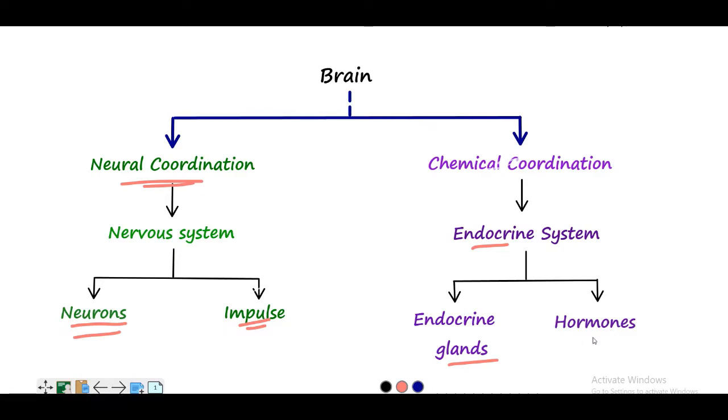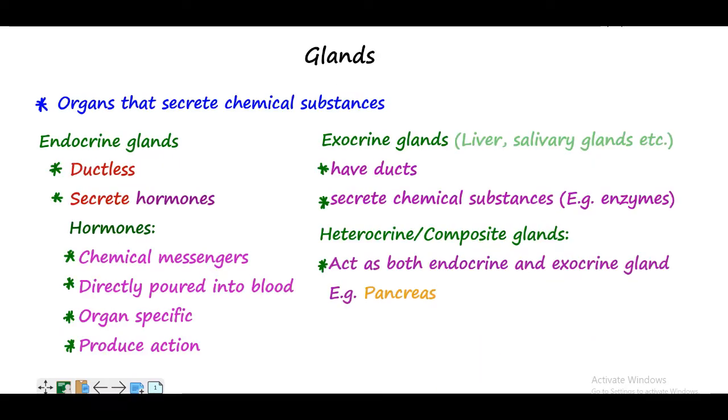Now, these are the chemicals that we were talking about earlier, whose coordination and integration occurs. So, hormones are nothing but chemical messengers. These are produced by the endocrine glands, and these actually signal a function or stimulate a response. And this is also a way by which the endocrine glands communicate with each other.